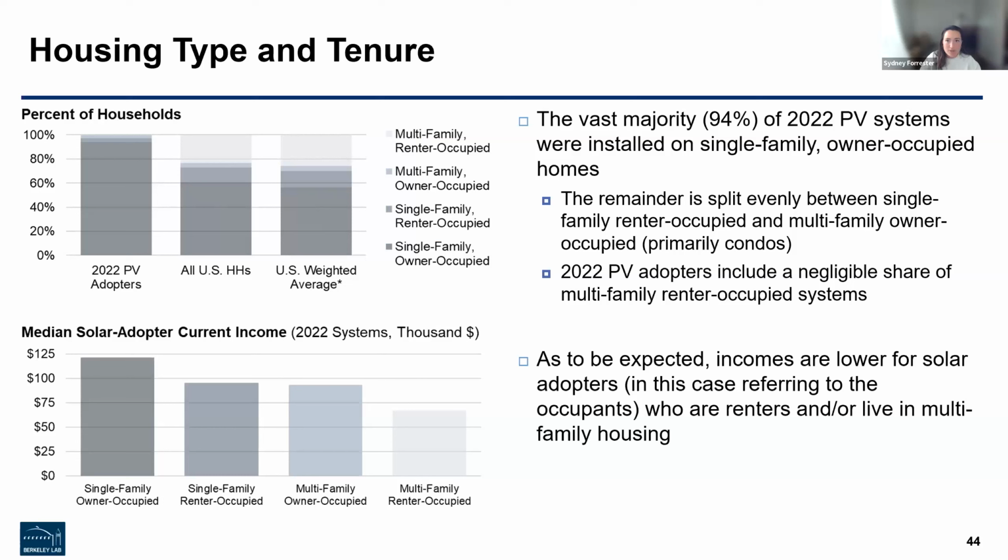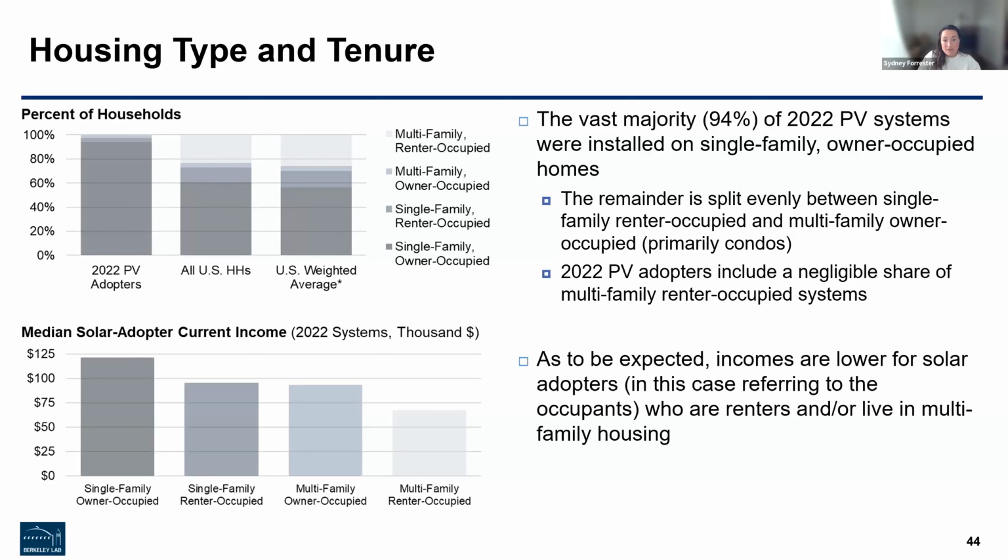All right, so we had a question earlier about if we distinguish between owner occupancy or household tenure. And so hopefully this slide addresses that. And I think there is actually another slide of this in the actual report itself, so I might refer you to that. But again, because we are just looking at rooftop solar, there are a bunch of barriers to rooftop solar adoption for multifamily and renter occupied homes.